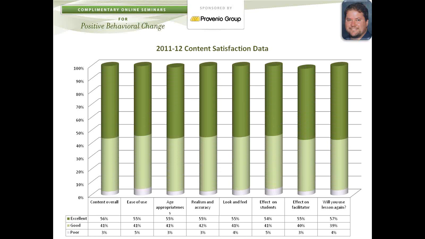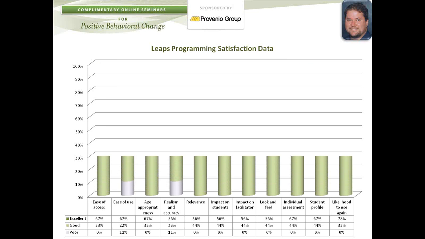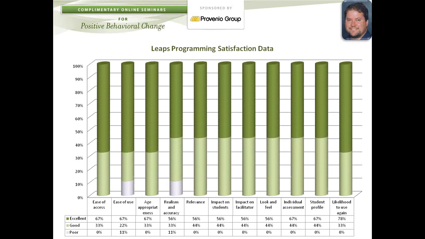In other words, those very specific satisfaction points that say, the big one, are teachers going to come back and use this again? You'll see we have a 96% show rate that says absolutely, with nearly 60% saying it's an excellent opportunity that they will. And then you also look at that for overall programming, which means everything from the look and the feel to the way it's delivered and everywhere in between.